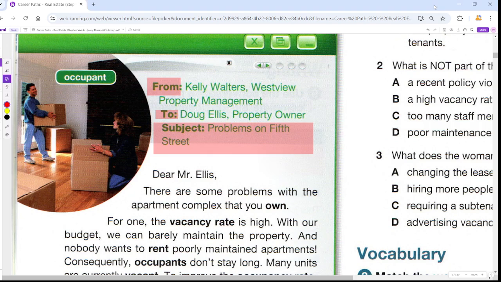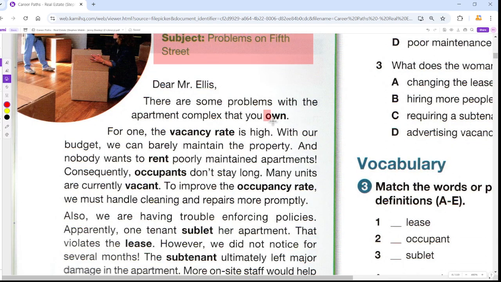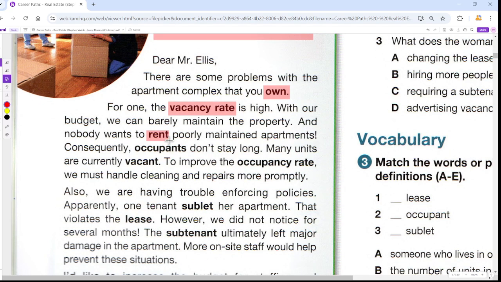Unit 3, Occupancy. Exercise 5, page 9. From Kelly Walters, Westview Property Management. To Doug Ellis, property owner. Subject: problems on 5th Street. Dear Mr. Ellis, there are some problems with the apartment complex that you own. For one, the vacancy rate is high. With our budget, we can barely maintain the property. And nobody wants to rent poorly maintained apartments.